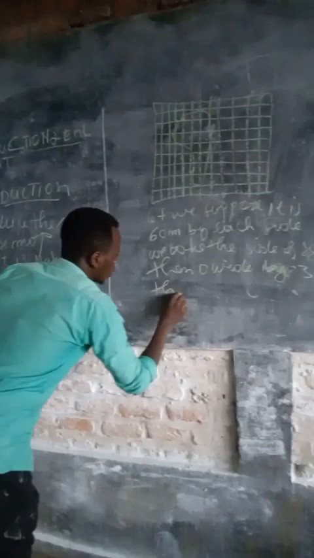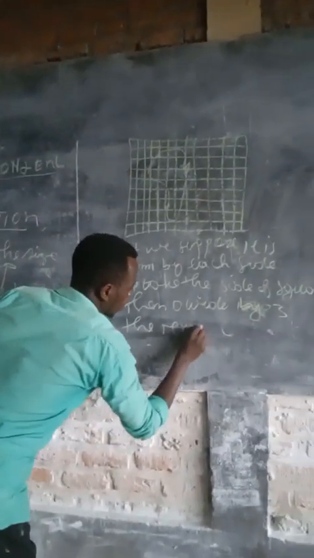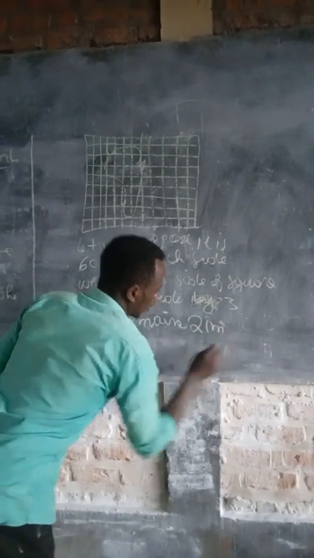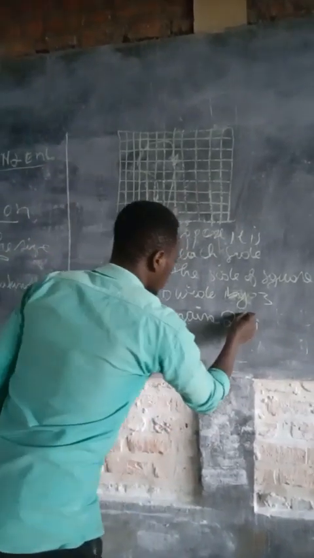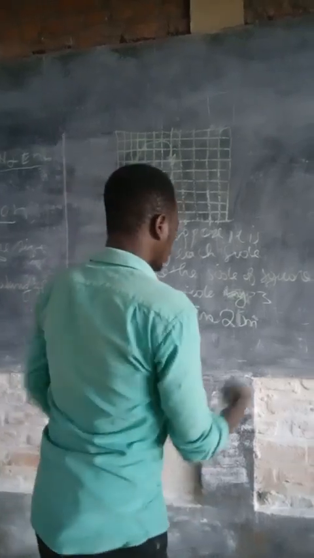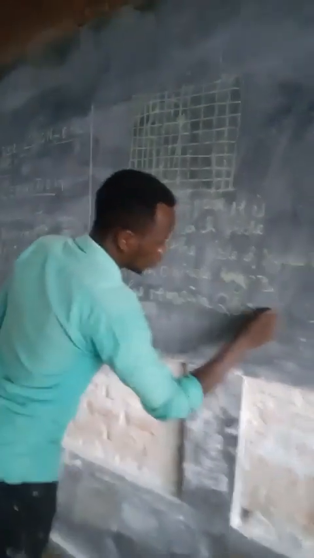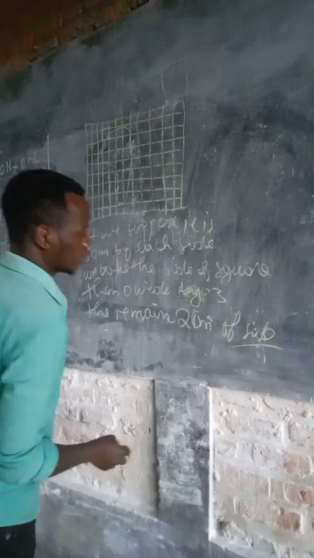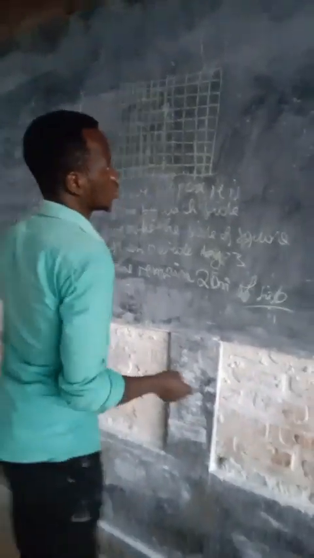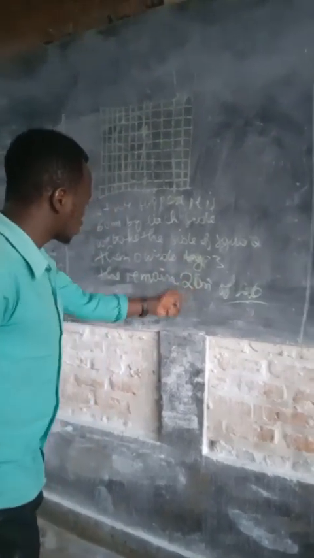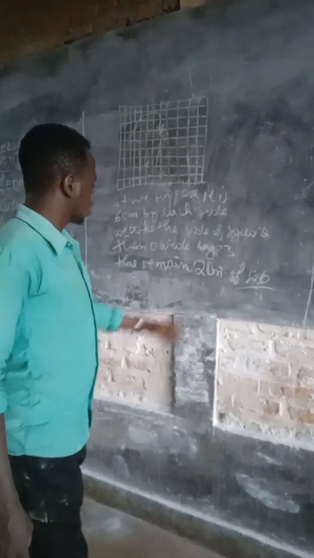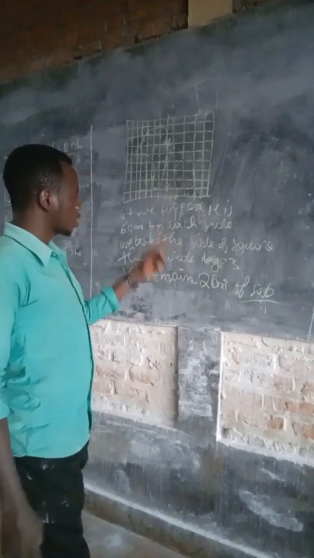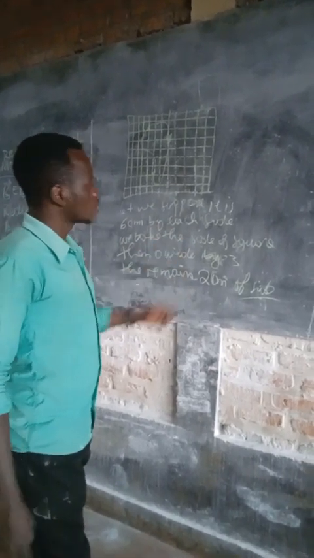Then remaining 2 centimeters of side. So after we have seen that, the side of the square remains 2 centimeters.